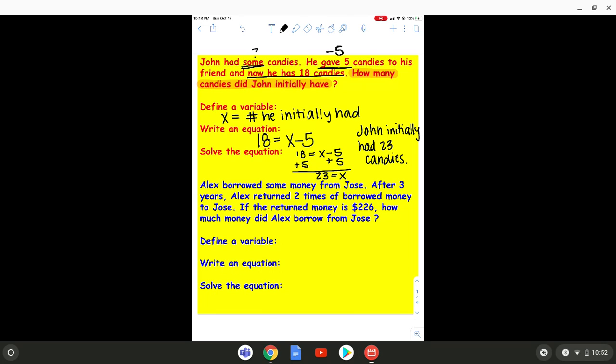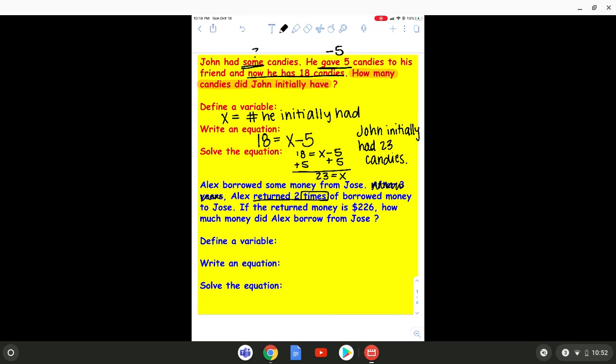You've got "after 3 years," but when we think about it, that's not really adding anything to the problem. So I'm going to scratch it out, because I don't want that number 3 to get in my way. He returned 2 times the money borrowed. Times, remember, that's a multiplication word, so I'm going to have multiplication somewhere.